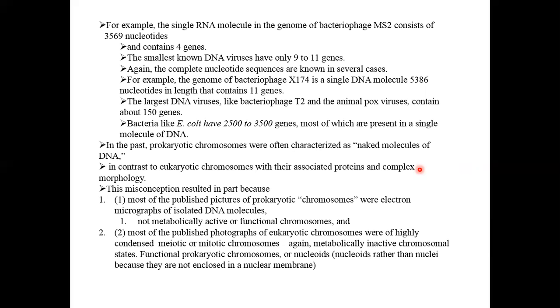In the past, prokaryotic chromosomes were often characterized as naked molecules of DNA, in contrast to eukaryotic chromosomes with their associated proteins and complex morphology. This misconception results in part because most of the published pictures of prokaryotic chromosomes were electron micrographs of isolated DNA molecules, not metabolically active or functional chromosomes, and most of the published photographs of eukaryotic chromosomes were highly condensed meiotic and mitotic chromosomes, again metabolically inactive chromosomal states.